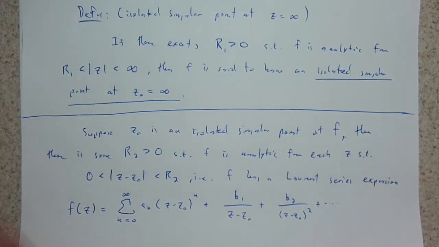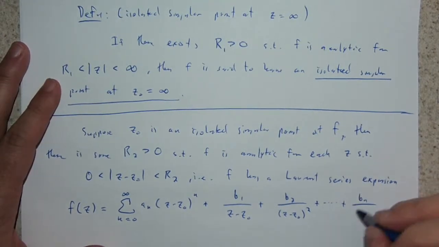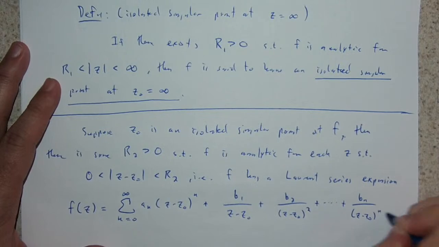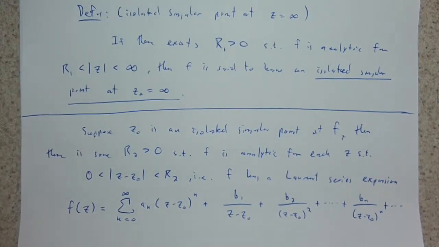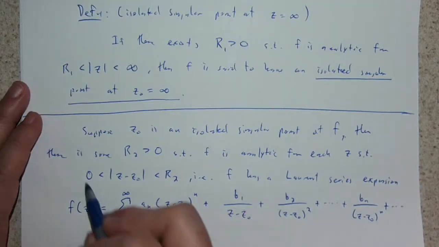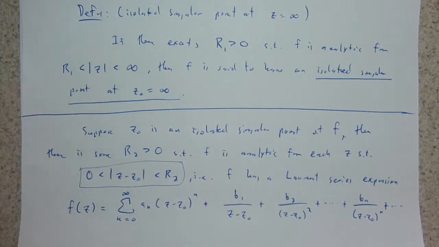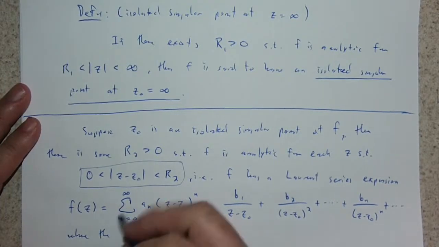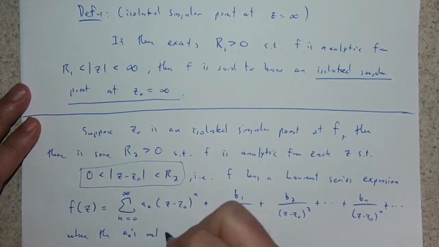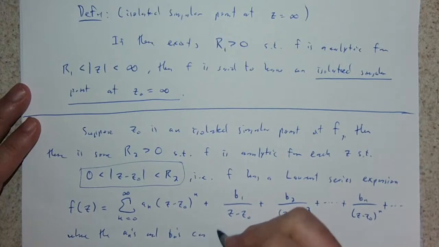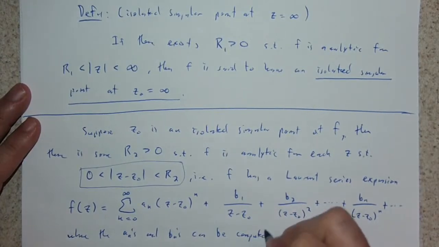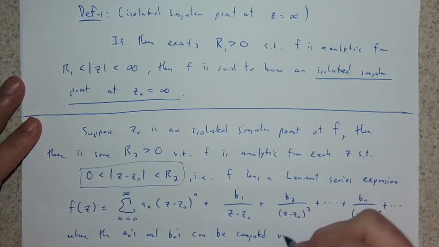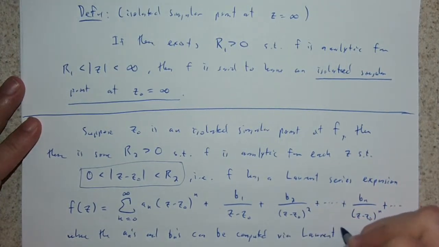A generic term here, of course, looks like b sub n over z minus z naught to the n, but this, of course, keeps going. So there's infinitely many of those that could be non-zero, and this is true on this deleted neighborhood in question. Okay, where the a sub n's and b sub n's can be computed via Laurent's theorem as contour integrals.